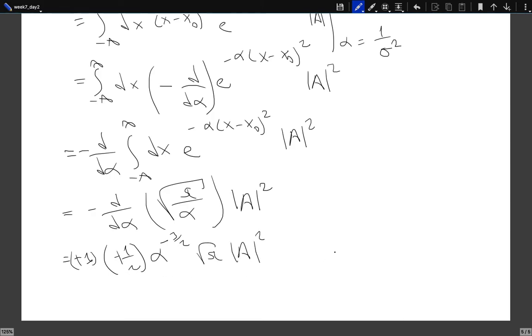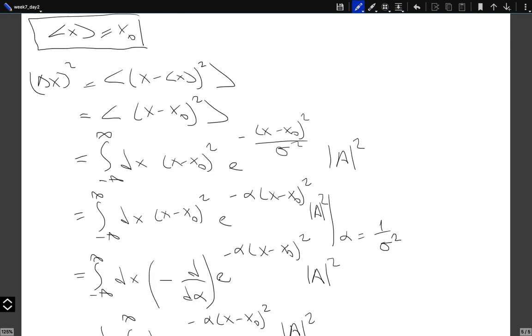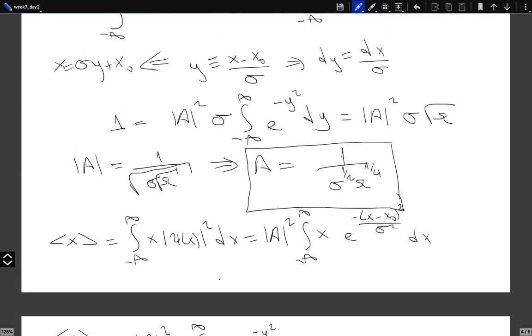So these minus signs just cancel. And keep in mind that this should be evaluated at alpha equal to 1 over sigma squared. So this is equal to 1 over 2 times sigma cubed square root of pi a squared. Well, let's see what a was.